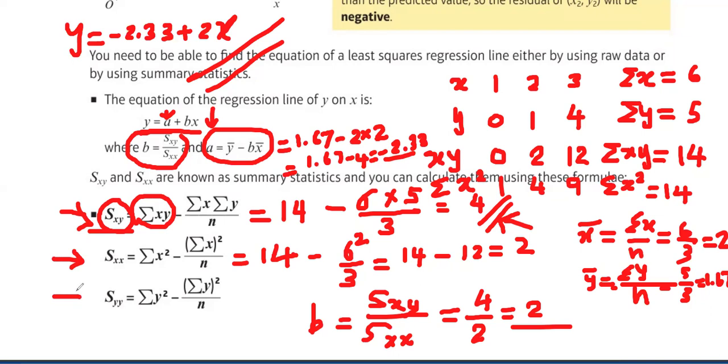Sometimes you have to know syy also, but in most cases you only need these two. Using these two, you can find b first. After that, find x bar and y bar, the means of x and y. Then substitute here to find a. Then you can write the regression line like this.